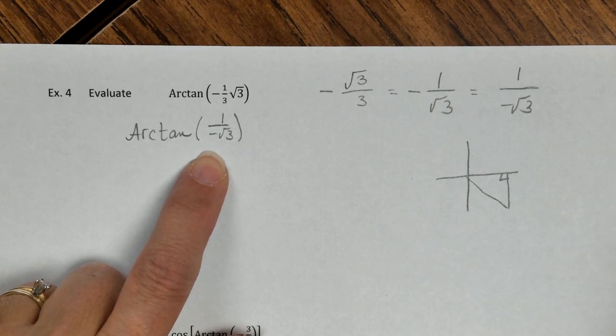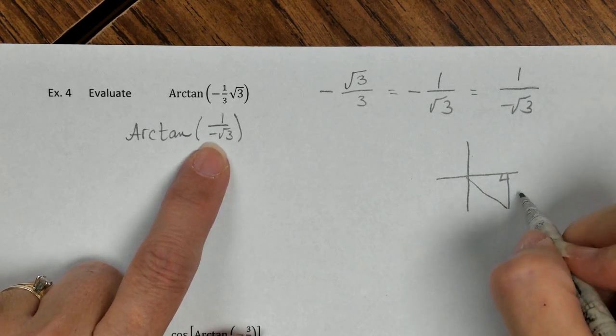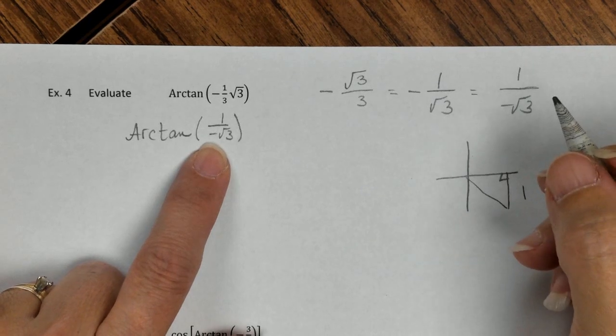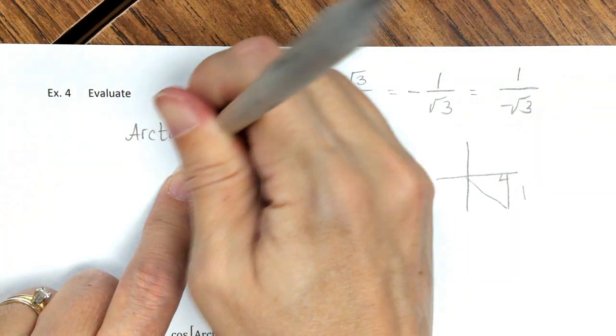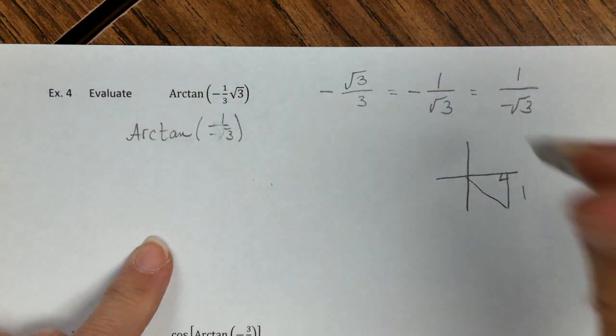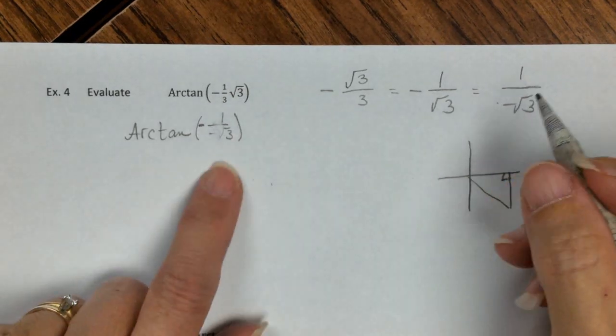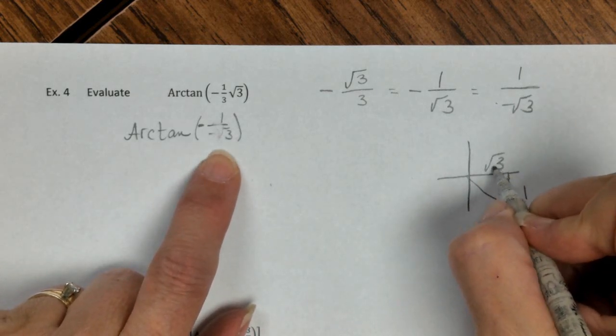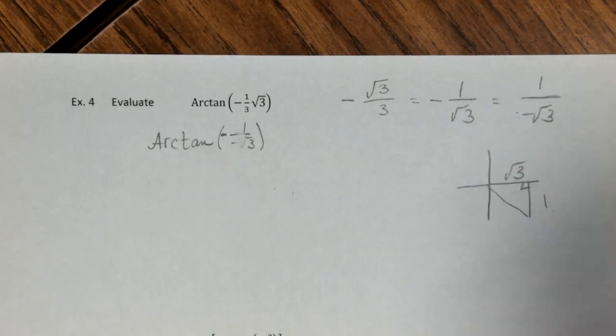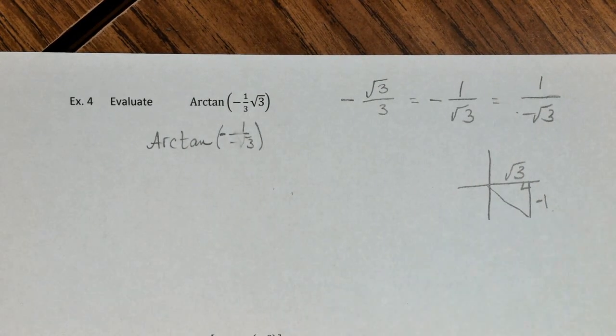Tangent is opposite over adjacent, so the opposite is 1. I put the negative in the wrong place. I should have left that out front. The opposite is 1, and the adjacent would be root 3. That can't be the negative because it's on the positive x. This is down. It's the negative.